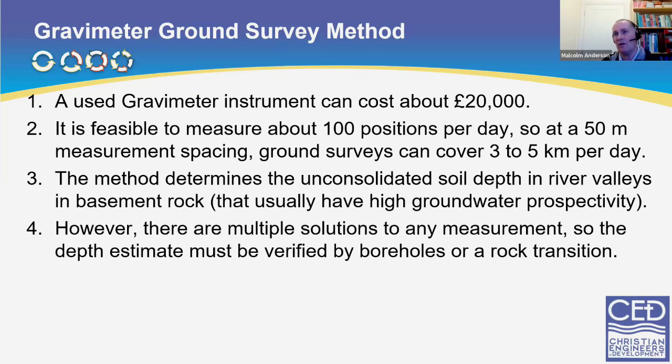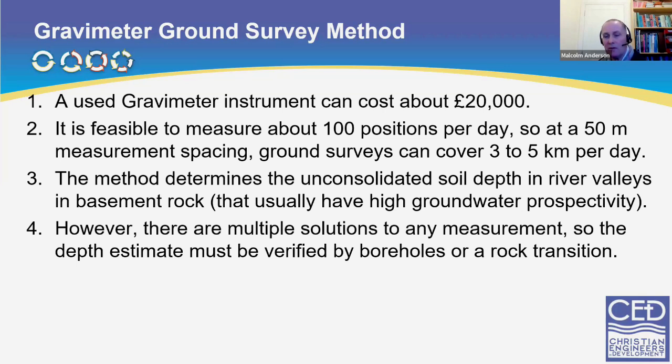And then as you go across the sediment fill, you get a lower relative gravity, and that is caused by the porosity of the soil layer. And from that, you can then tie down the estimate to pretty close to the true value.